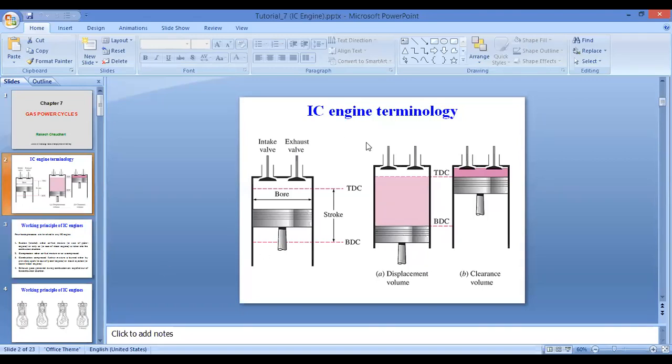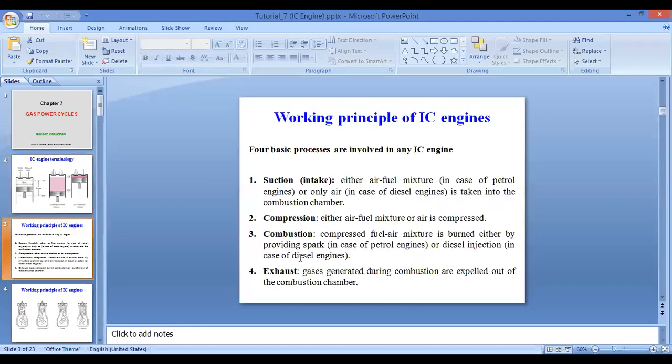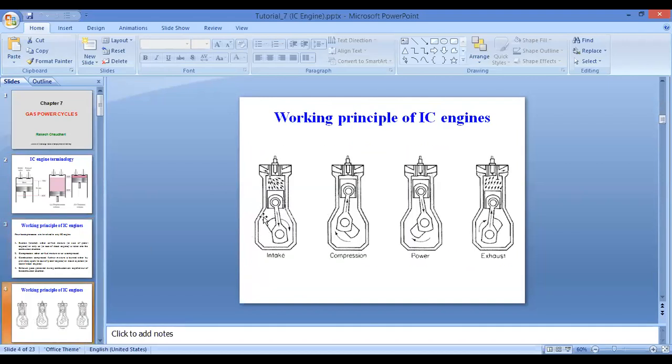So it is essential to remove these burnt gases out of the cylinder. That's why the fourth process is the exhaust process, where the burnt gases are expelled out of the combustion chamber. These are the four basic processes for every IC engine. With the help of diagrams you can see these four processes, starting with the intake.